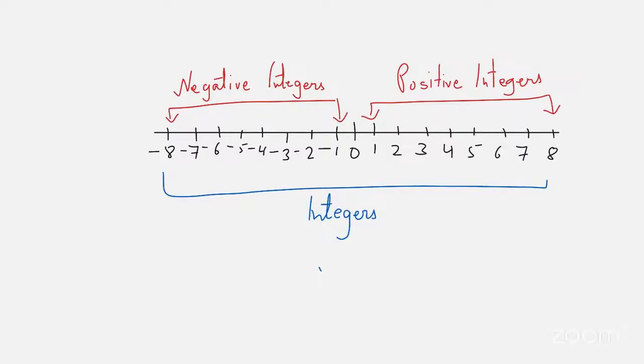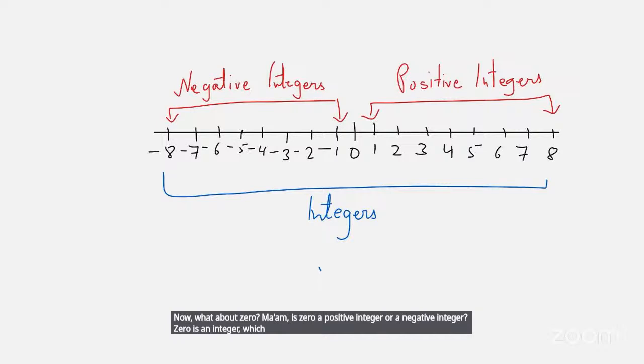Now some things we will talk about related to integers. Now what about zero? Ma'am, is zero a positive integer or a negative integer? Zero is an integer which is neither positive nor negative. Zero is that integer which is not positive or negative.